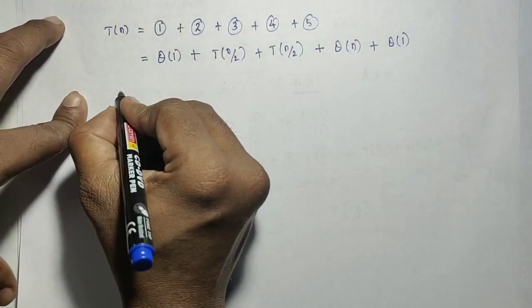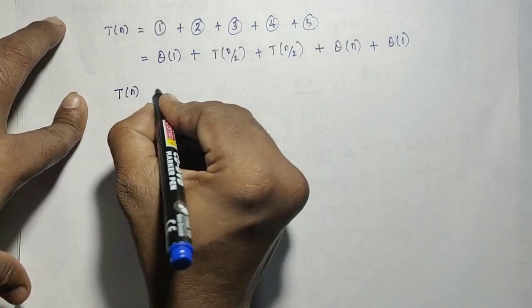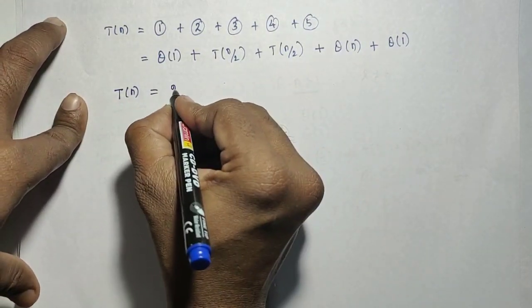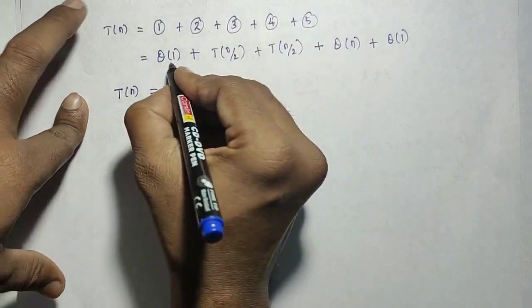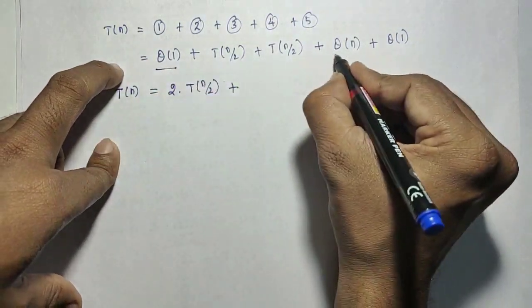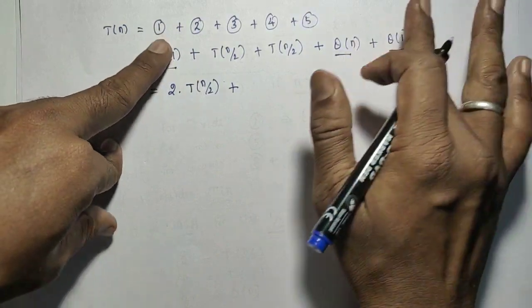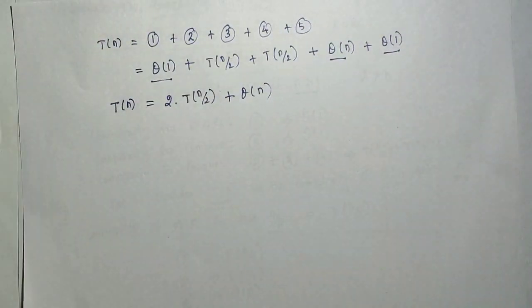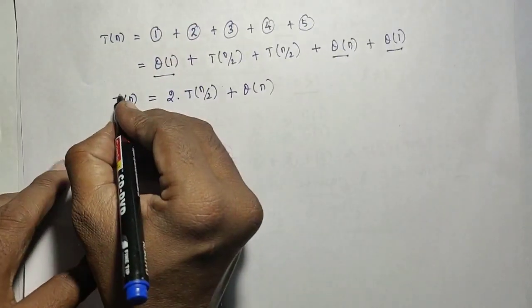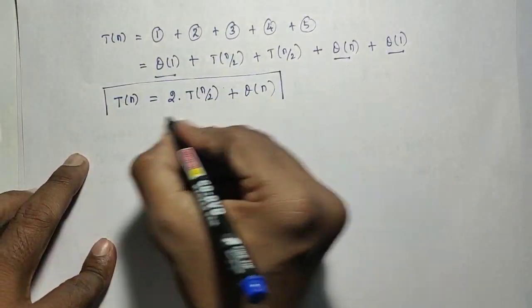So T of n is equal to 2 into T of n by 2 plus theta of n. This is the complete time complexity, with unknown time complexity terms.